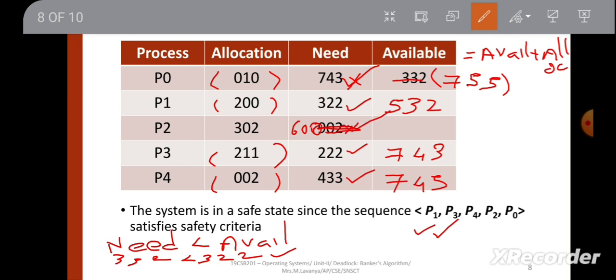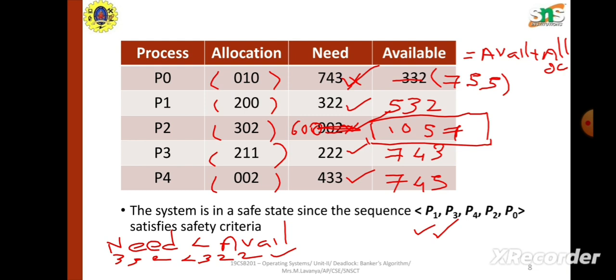After freeing of those resources, the already allocated data 302 will be added to the available. So 755 plus 302 is 1057. After completion of all these processes, all those resources which were held will be released. And for checking the correctness of the problem, after completion of all the processes, the total available should be equal to the total instances of the problem.